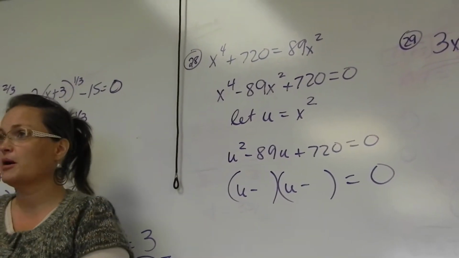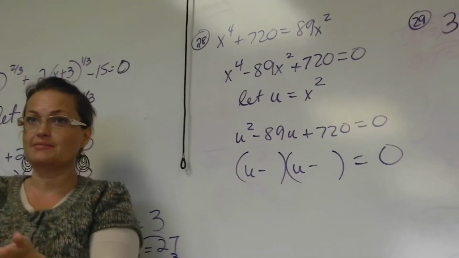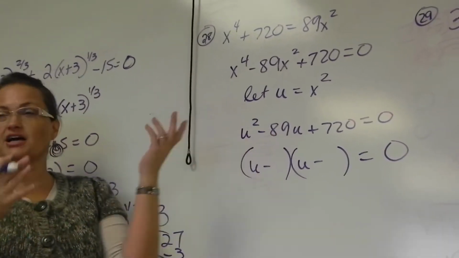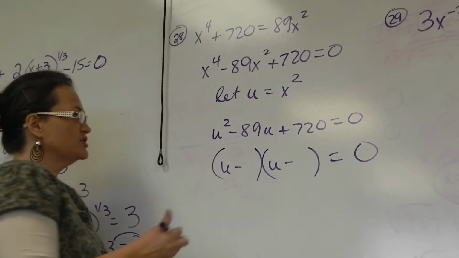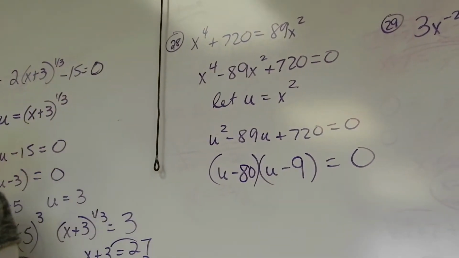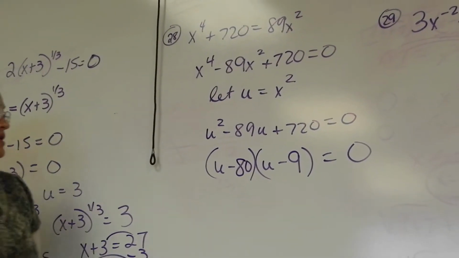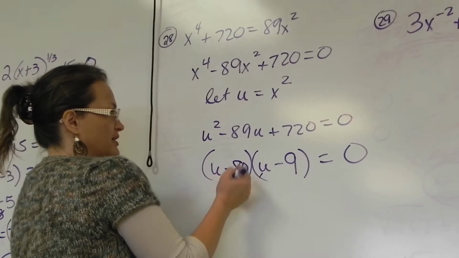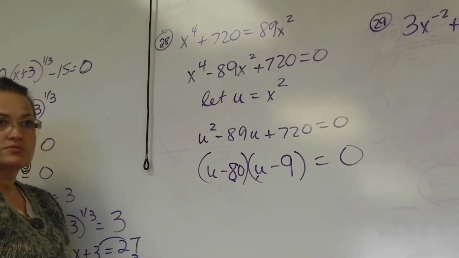The first thing that comes to my mind when I see 72 is 8 times 9, and so it looks like maybe that's what I need to be doing. And 80 times 9 would make it a 720, and still give me the -80, -9 middle term.